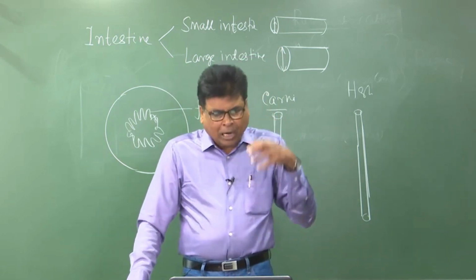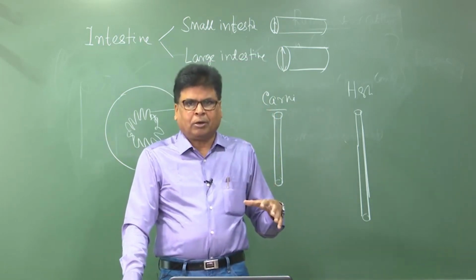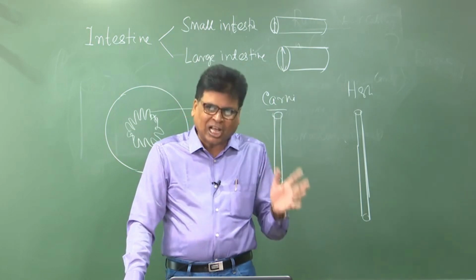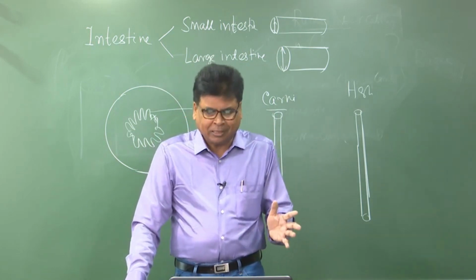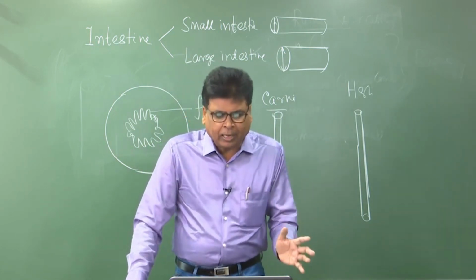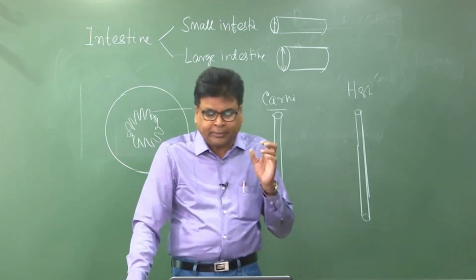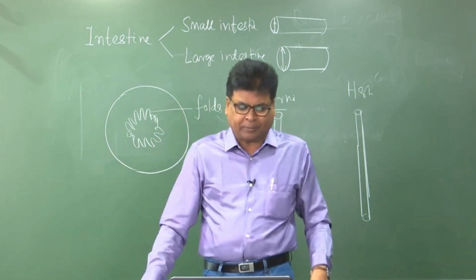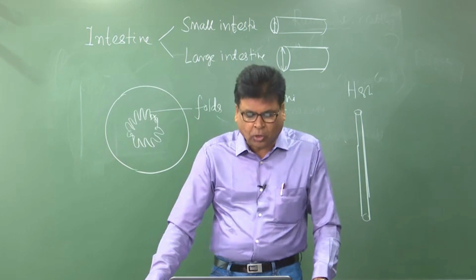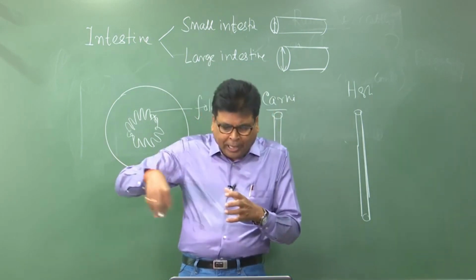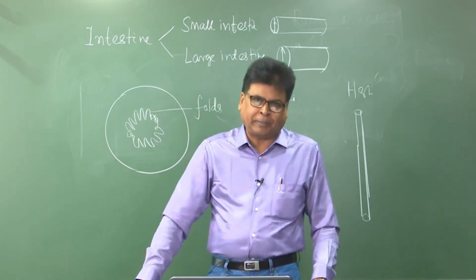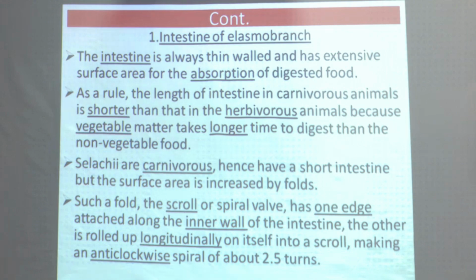Scoliodon, the elasmobranch, shark or selachian, is a carnivore, so a short intestine is present. But it has an increased surface area for digestion and absorption.